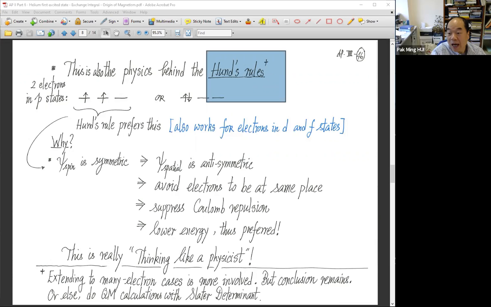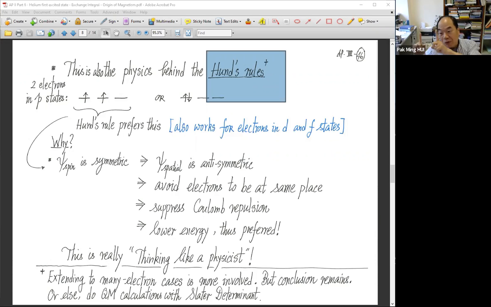Hund's rule tells us how to put electrons into single particle states. For example, d states: there are 10 d states. If you have 4 electrons, what do you do?